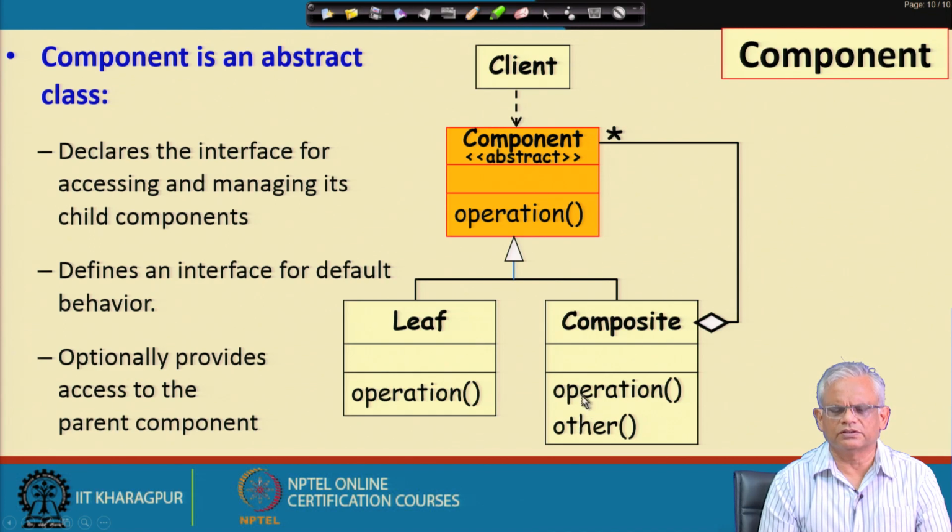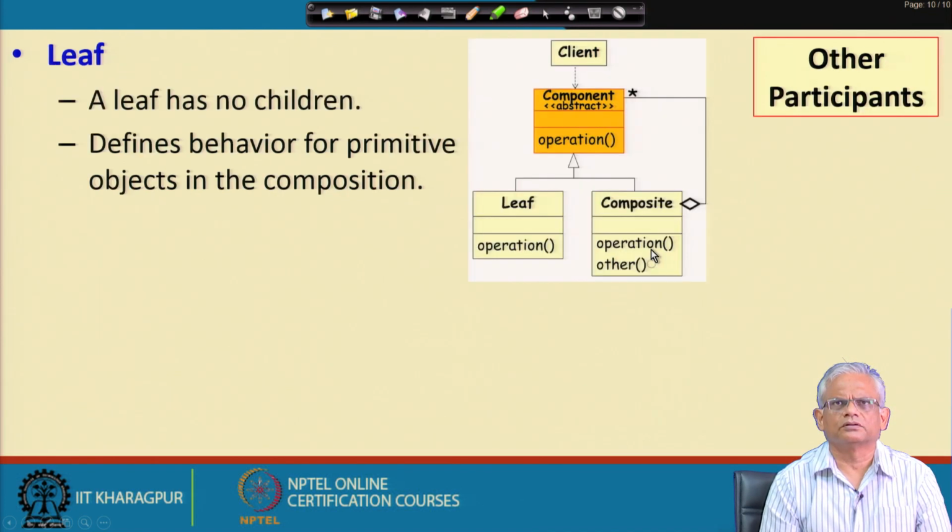We will see these methods. Now, the leaf has no children, and it just defines the operation that is defined in the component.